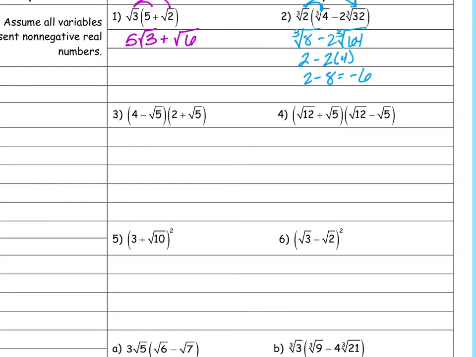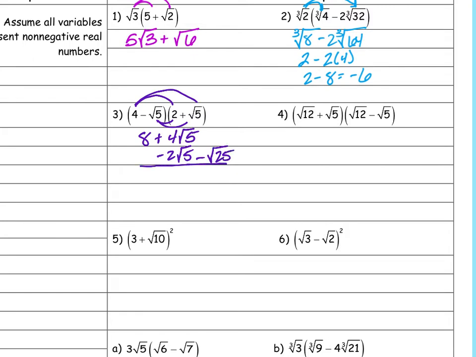Okay, so here we go. Again, oh, here's McKenna. I think she was already in. She must have got kicked out. So I'm going to distribute this: 4 times 2 and 4 times the square root of 5. So 4 times 2 is 8, plus 4 square root of 5. And then negative 5 times 2 is negative 2 square root of 5, minus the square root of 25.